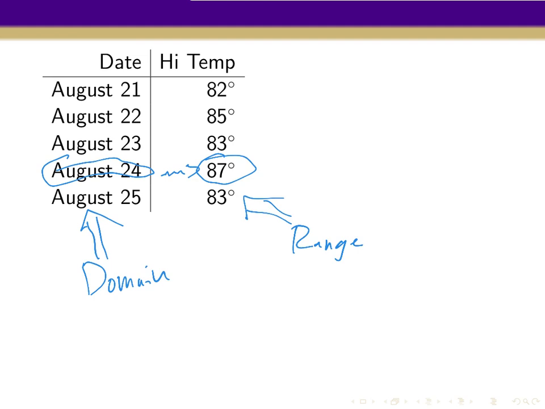Of course the answer is no, because if you look, 83 degrees appears in here twice. If you had such a function, you plug 83 degrees in, how would it know how to choose between August 25th or August 23rd? So for this set of data, the only way to think about it as a function is for the date to be the domain and the high temperatures to be the range.